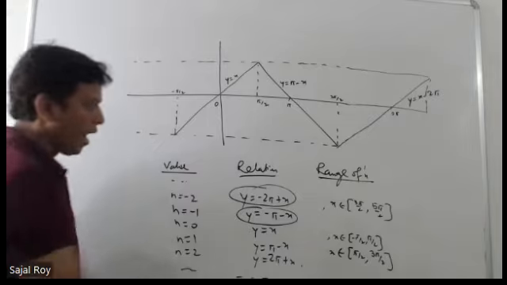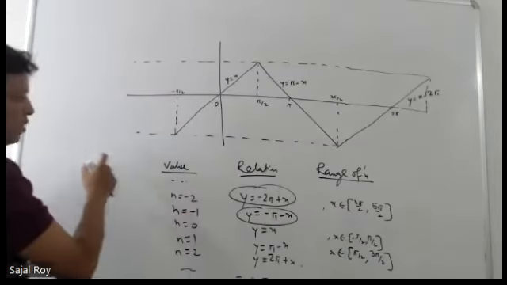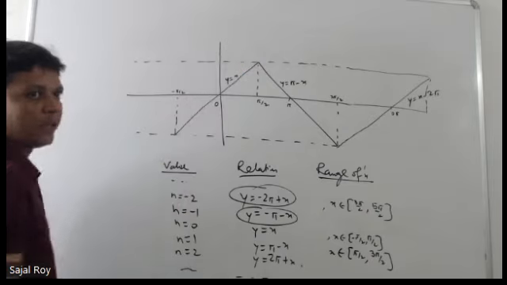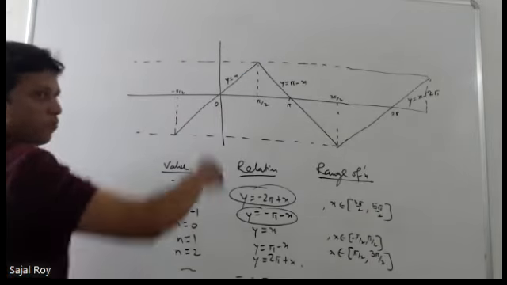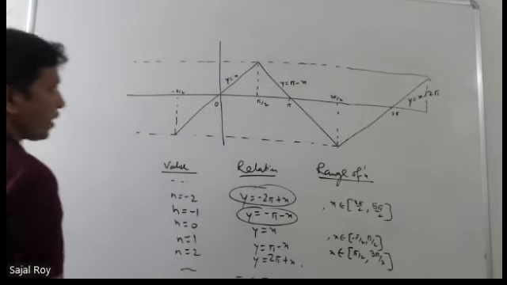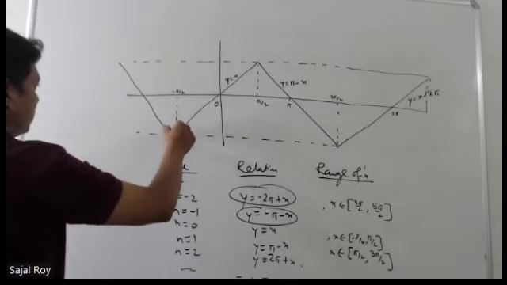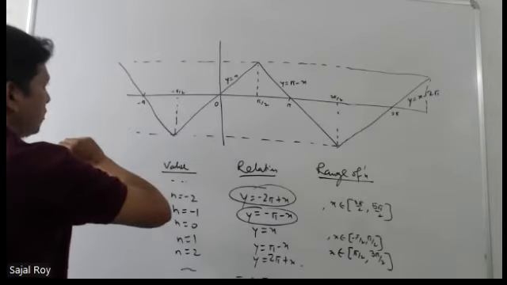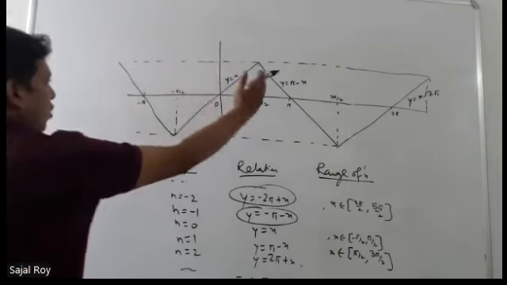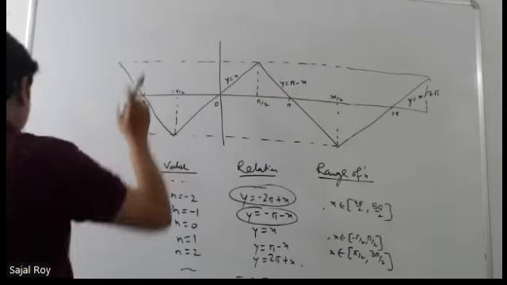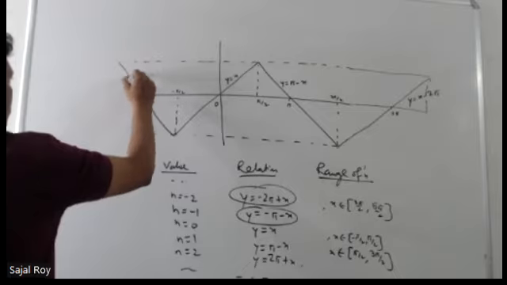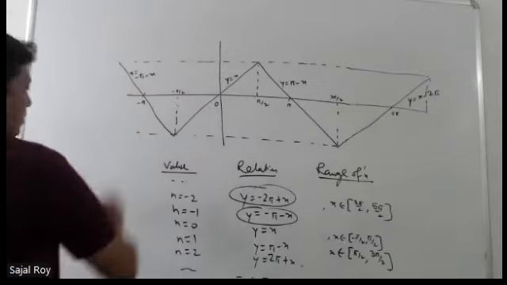Clear? And if you plug these values here, the y values will be between minus π/2 to π/2. That's the purpose. This portion. Okay? And what about this one? Minus π. So this is actually horizontal shifting of this graph. Y equal to minus π minus x.